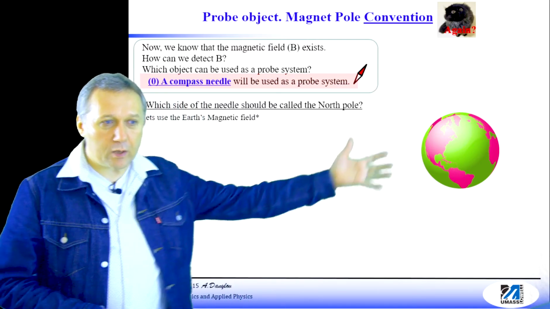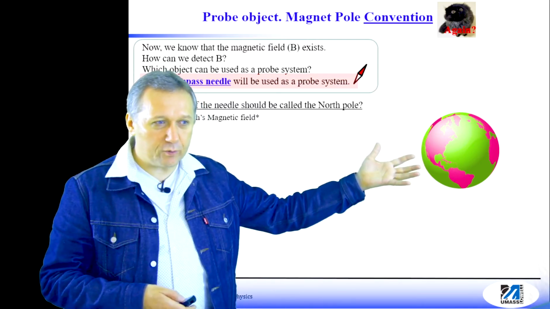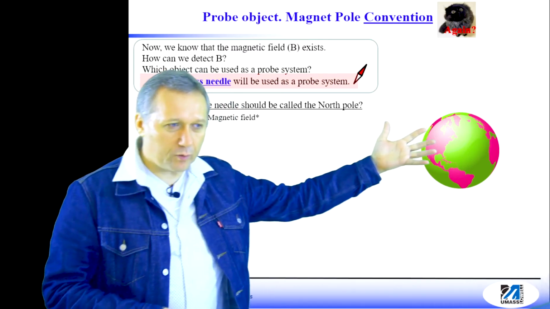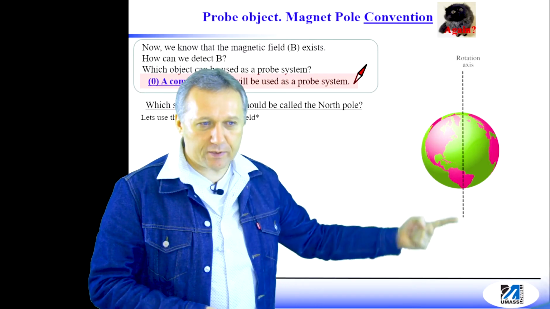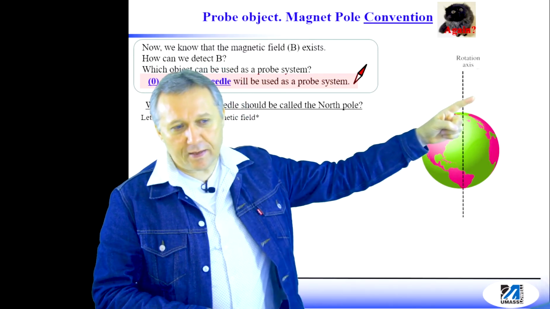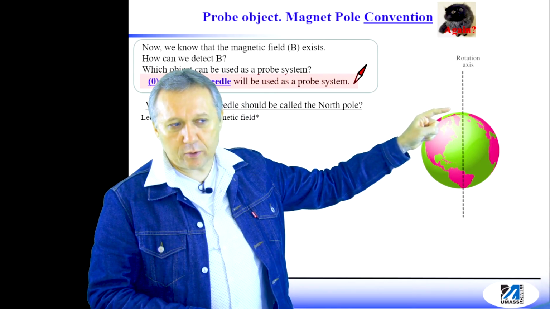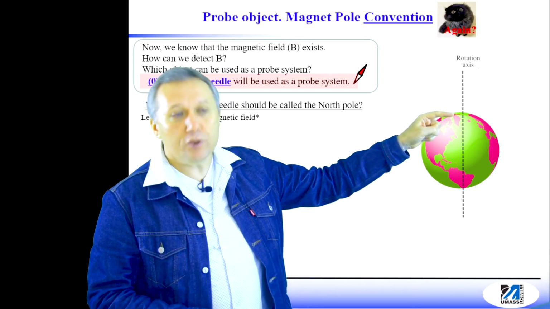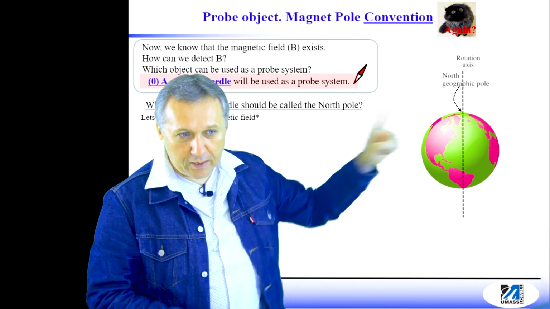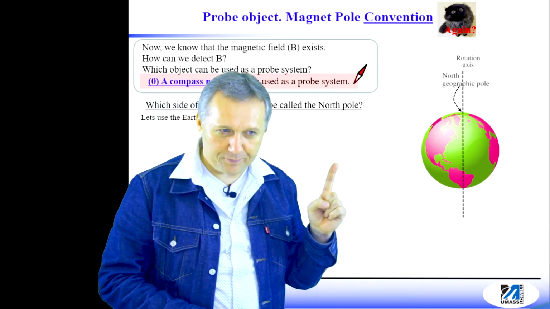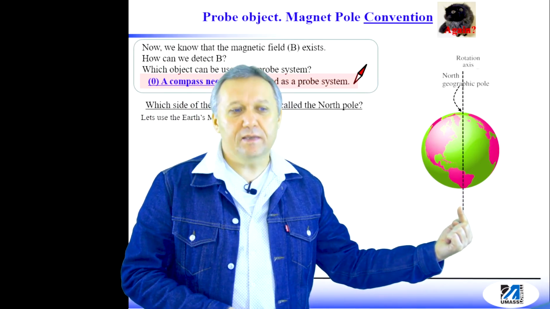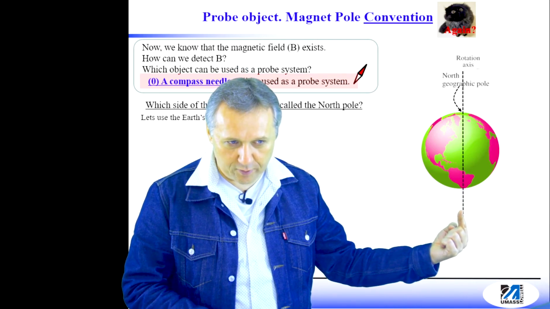Now let's just introduce a few simple facts which we all know about the Earth. Of course, it spins around this axis. So this is the axis of rotation. That side we call the north geographical pole. So this is our north geographical pole, and I emphasize geographical. Then the opposite side is the south geographical pole.